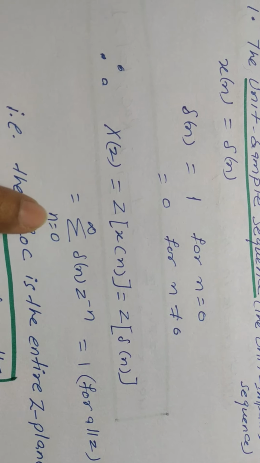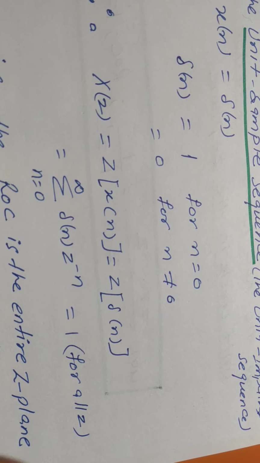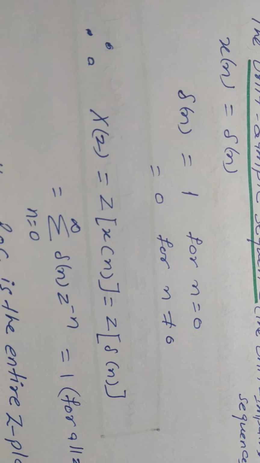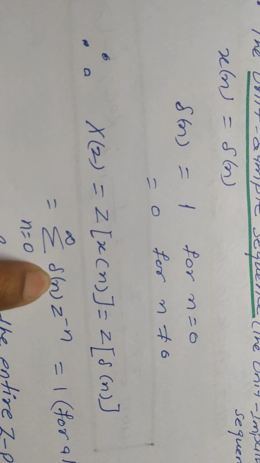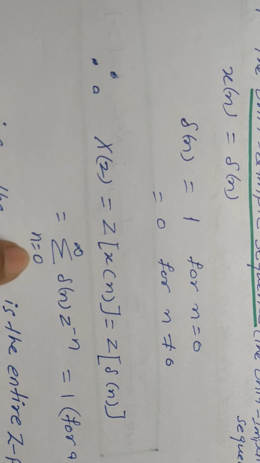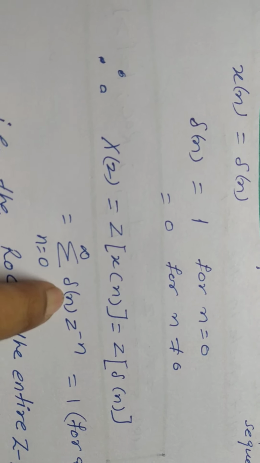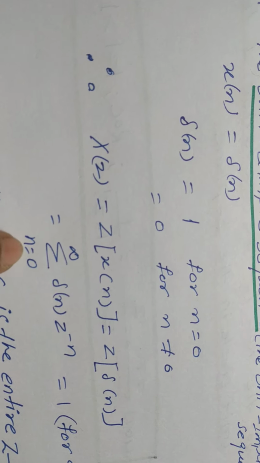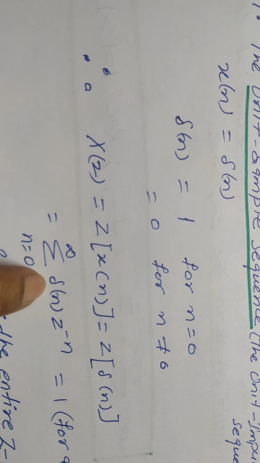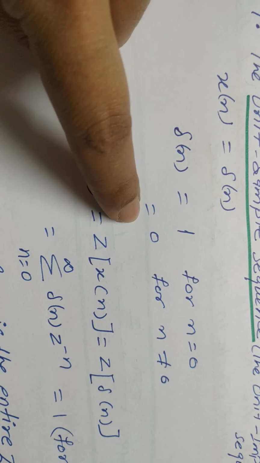Hence we are taking this particular example of a unilateral sequence, that is summation n equals 0 to infinity delta n z to the power minus n, which is nothing but 1 for all values of z, because delta n will have the value only at n equals 0 and for the rest of the values of n, delta n will be 0. So delta n has the value 1 at n equals 0 and, as we have seen here, it is 0 for all other values of n.